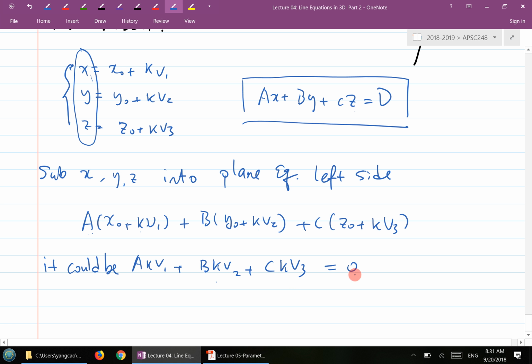If this is the case, then you're left with a x naught plus b y naught plus c z naught, which are all constants, given. Now you can compare this value versus this d value.